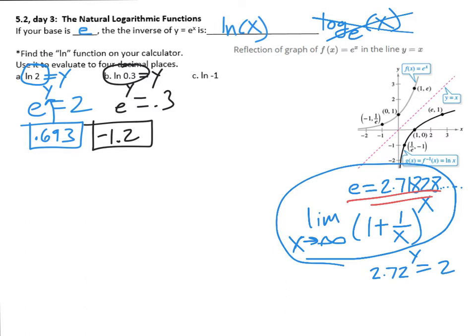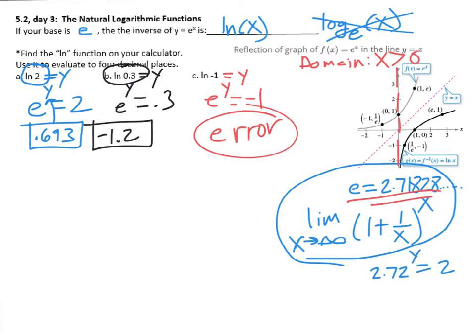One of the characteristics that we expected to see is that there's an asymptote at x equals 0, and then a domain of x greater than 0, and natural log fits the bill. The same properties graphically would apply. So here you're looking at e to what power would be negative 1, and you'll end up getting an error. That negative 1's not in the domain.